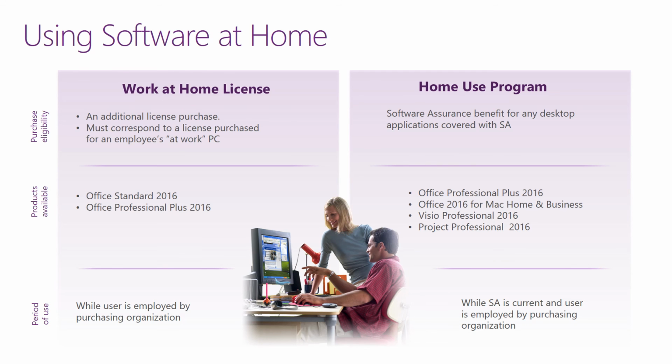Note that it's only the Professional Plus edition of Office that's available, but actually, if you have a single application, such as Word with SA, or just Office Standard with SA, they both qualify as the prerequisite for buying a Home Use Programme licence. Equally, if you have Visio or Project licences with SA, then there are Home Use Programme licences available for those products too.